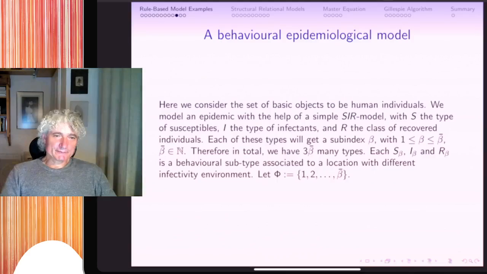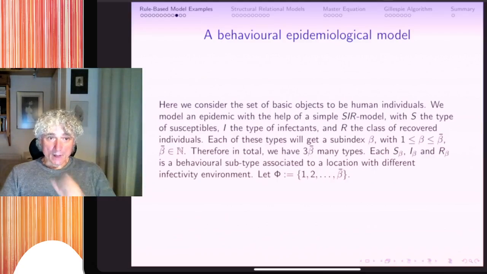Now we come to a third model, and that is a behavioral epidemiological model. I thought it would be interesting to have a little bit more complex model in the lecture, and I also thought, of course, because of the current pandemic, that it would be very nice to show you that rule-based models are exactly the type of models that can be very successfully used to describe the pandemic situation.